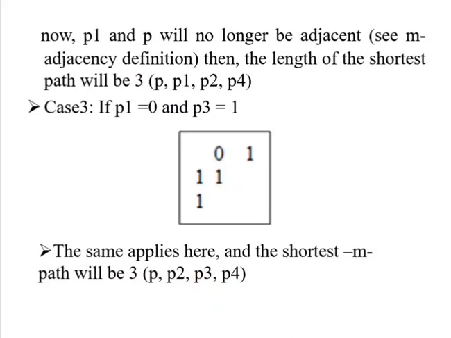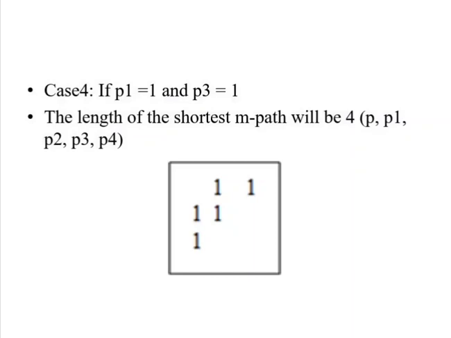Similarly, the same applies if P3 is 1. In this case, the length of the shortest m-path is also 3. Finally, if both P1 and P3 are 1, the length of the shortest m-path between P and P4 is 4. In this case, the path goes through the sequence of points P, P1, P2, P3, P4.